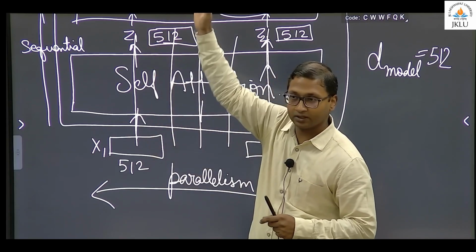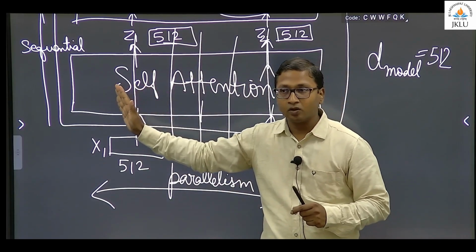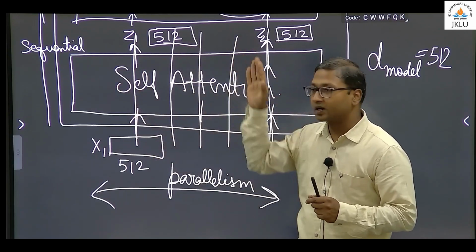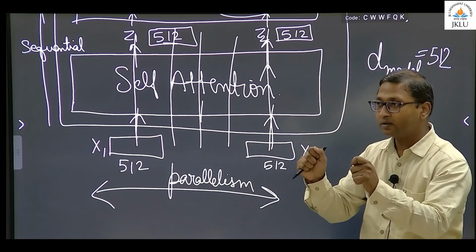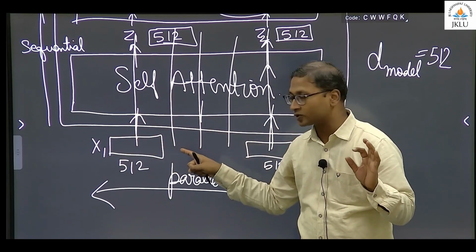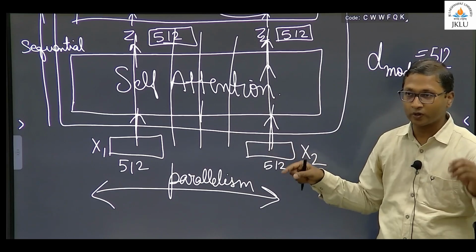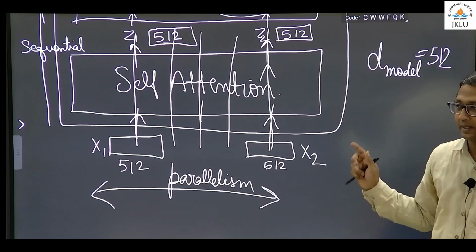In this vertical direction. In the horizontal direction, all these elements are parallel. When you are processing x1, you can simultaneously process x2 and x3 and so on. So x1 to x512 will all be processed in parallel.